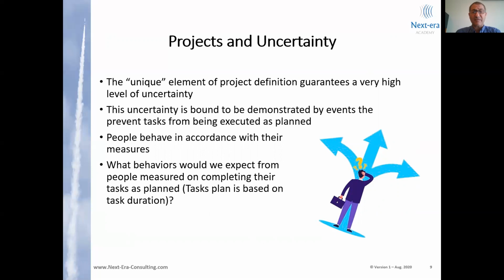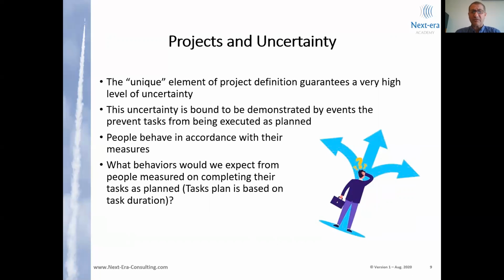This uncertainty can be expressed in real life in no other way than as events that will prevent tasks from being executed as planned. So we are focusing on tasks, however, unavoidably tasks, at least some of them, and not in a negligible manner, will not be able to be executed as planned.